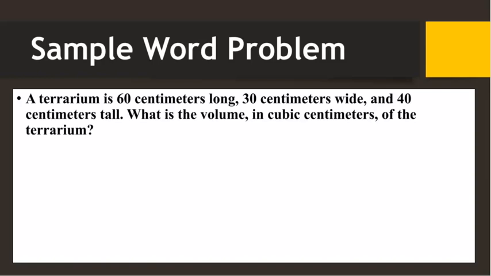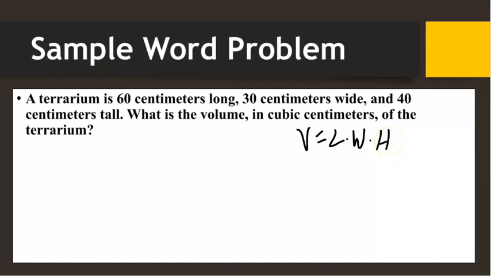A terrarium is 60 centimeters long, 30 centimeters wide, and 40 centimeters tall. What is the volume in cubic centimeters of the terrarium? The terrarium is usually a rectangular prism, and to find the volume of a rectangular prism, it's length times width times height.